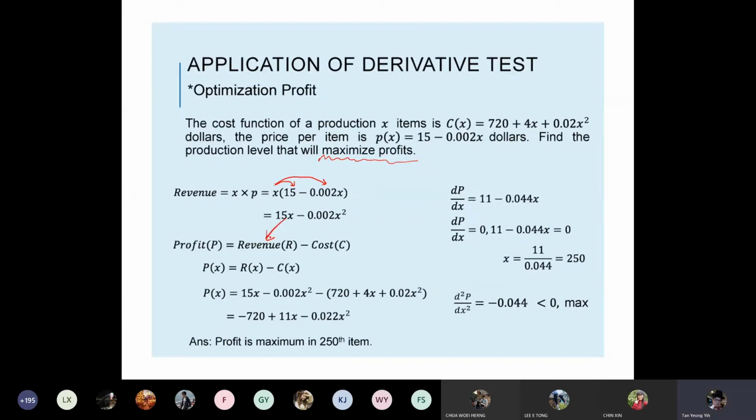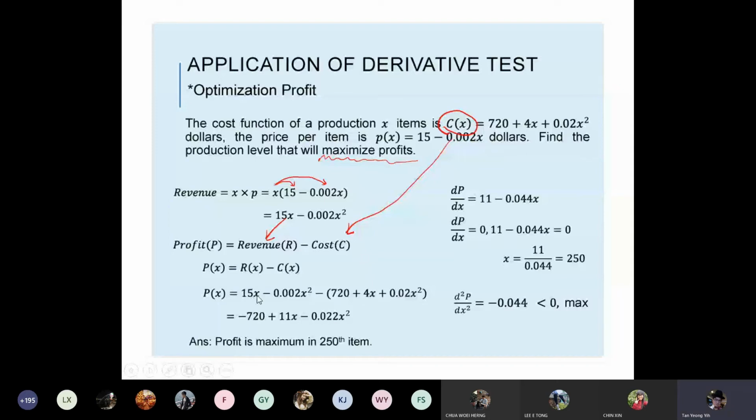So substitute revenue here. And the cost function, of course, from here. All right, so this is the cost function. So we substitute the cost function here. And now we have this. And of course, we simplify. All right, negative 720 here.